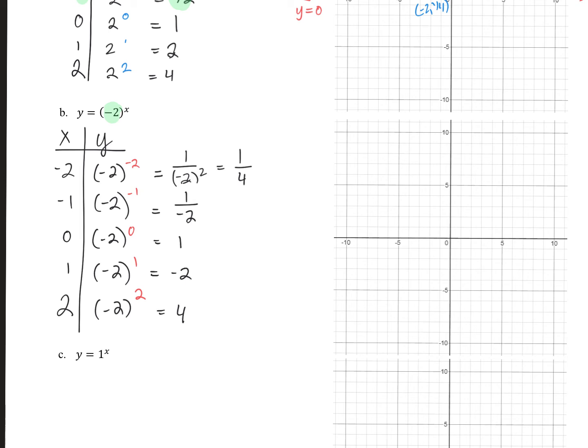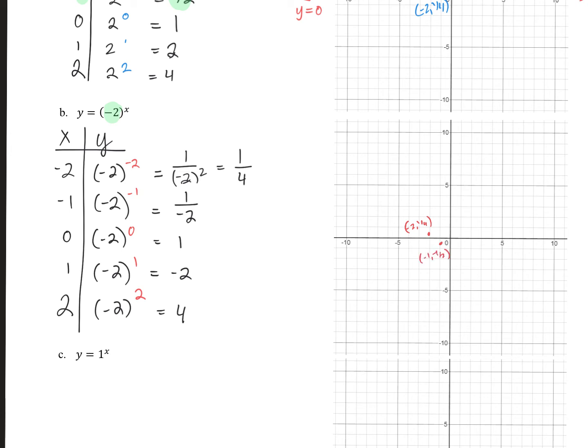So let's go ahead and graph this. For -2, we get 1/4. Let me pick the color red for graphing this. And then for -1, we get, ooh, -1/2. That's weird.